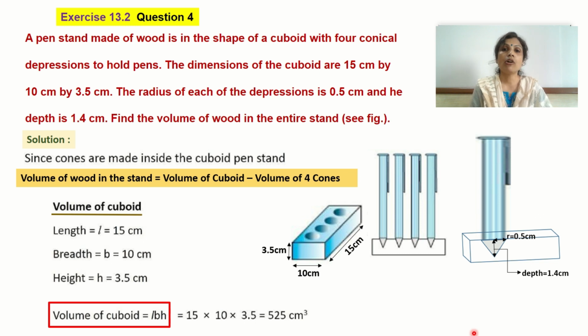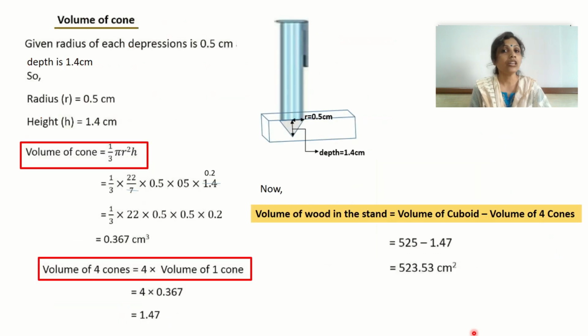Now let's find out volume of a cone, because the depression is conical in shape. Given to us that the depth is 1.4 centimeter and the radius is 0.5 centimeter. So r is there, and depth is nothing but the height of the cone. So volume of cone is 1 by 3 pi r square h.